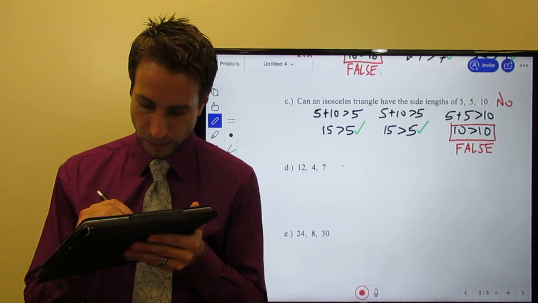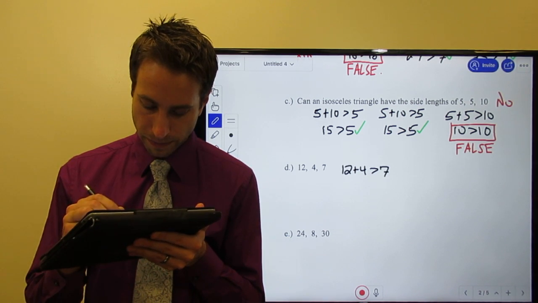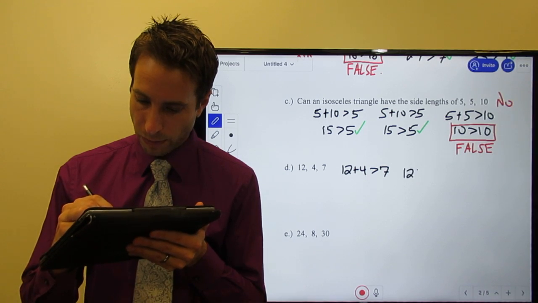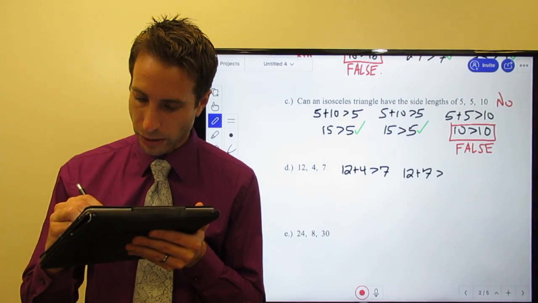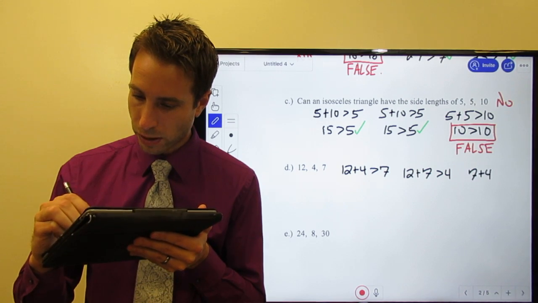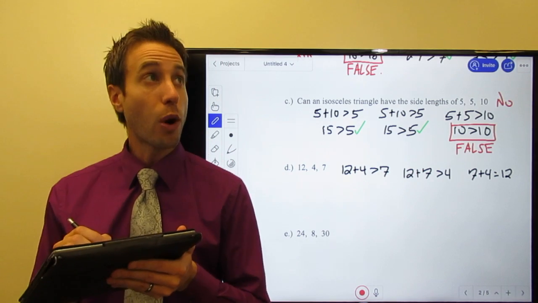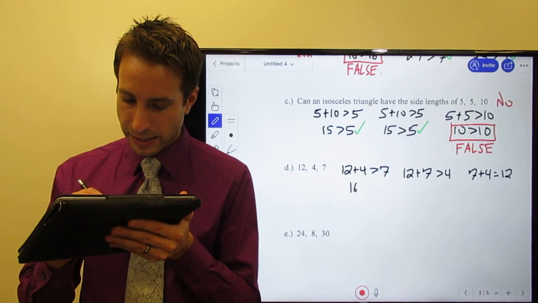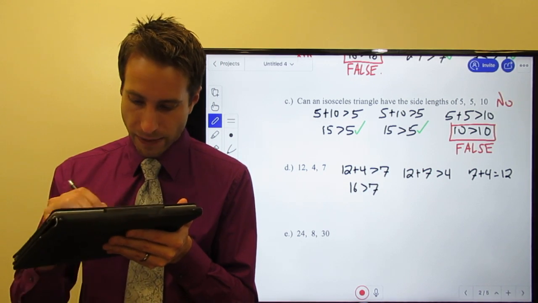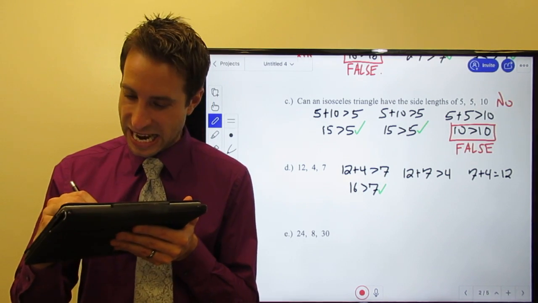Set them up. 12 plus 4 greater than 7. 12 plus 7 has to be greater than 4. And 7 plus 4 has to be greater than 12. Okay, here we go. 12 and 4, I believe, is 16. Is that greater than 7? You betcha. 12 and 7 would be 19.